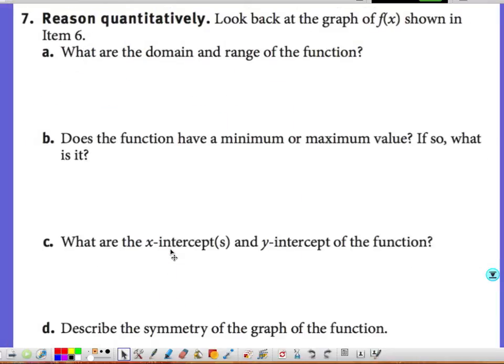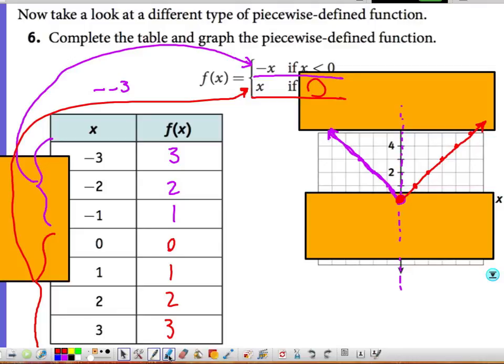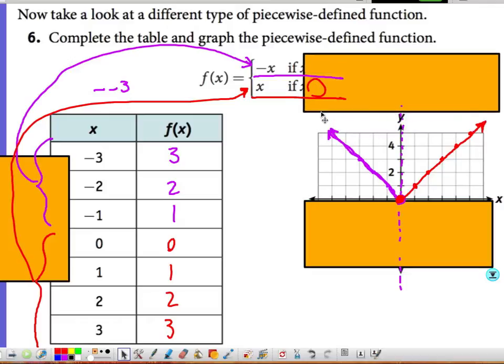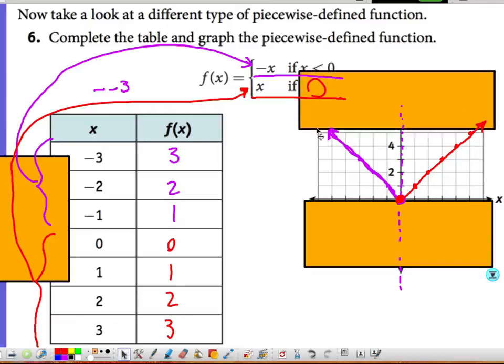Alright. Now this is interesting. Does the function have a minimum or maximum value? What do they mean by that? Well, basically, it's kind of similar to, you kind of find the answer when you're looking for the range.